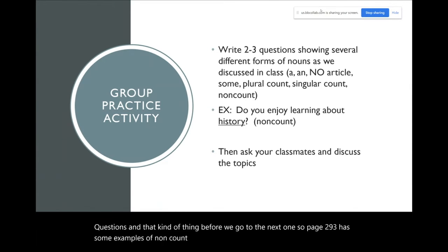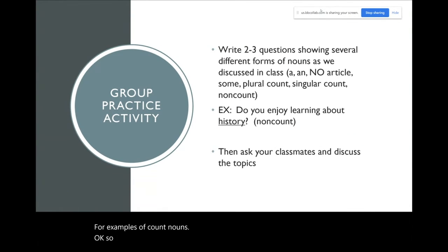You could also look over at page 291 for examples of count nouns. Okay, so just really quick, really simple, write 2 or 3 questions that you can ask your partner, and then you're going to ask, and we'll practice answering and kind of having a little discussion.